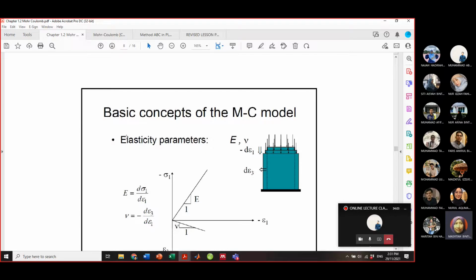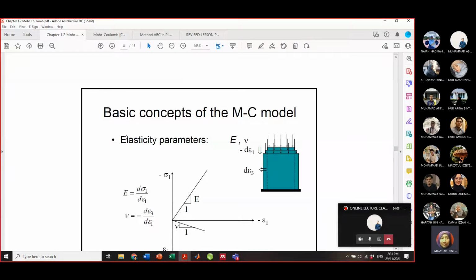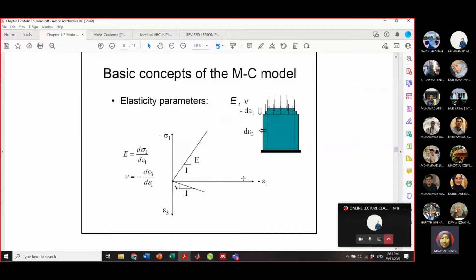Okay, never mind. Let us go to the next one, the basic concept of the Mohr-Coulomb model. As I explained just now, for the Mohr-Coulomb model, we have the elastic region and also the plastic region. What is important about the elastic region and the plastic region? The Mohr-Coulomb behavior happens in the plastic region, but it also consists of an elastic zone.